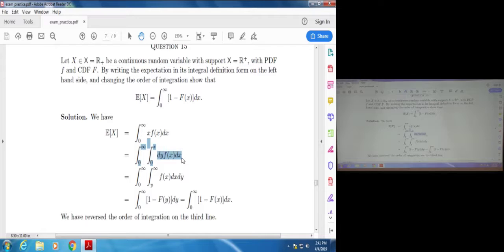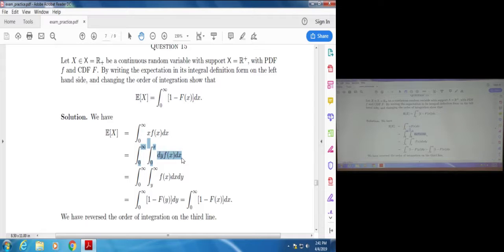I have the line y equals x. Basically what we're saying is y goes between 0 and x, and x goes between 0 and infinity. So this is the region that we're integrating, this infinite range. Now what I was doing in the integral that I'm highlighting is integrating y then x. Now I'm going to do x then y.